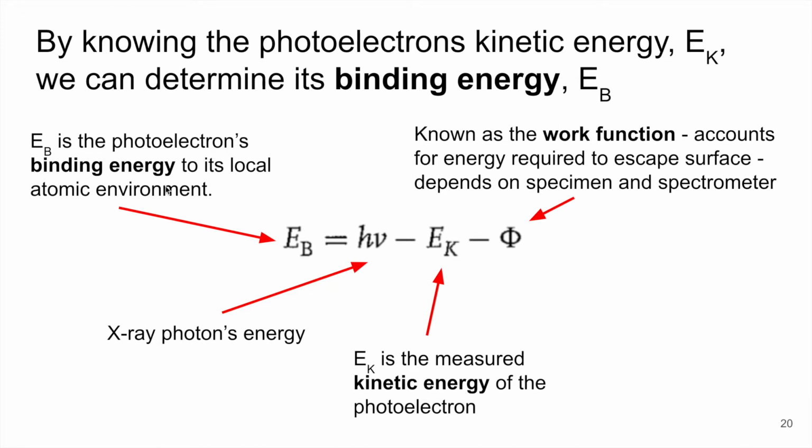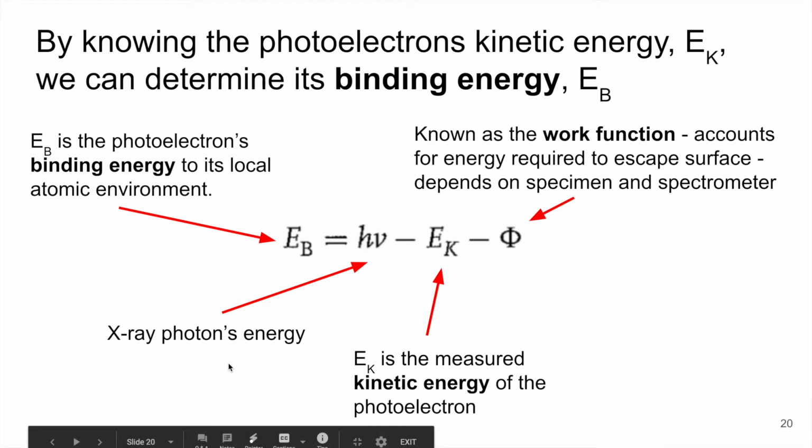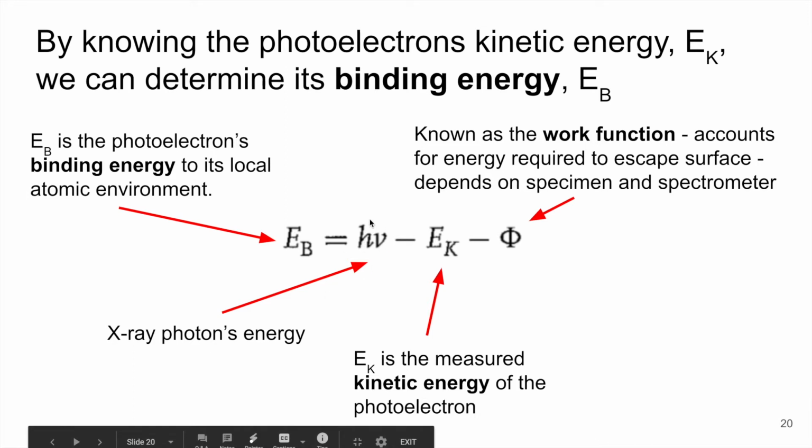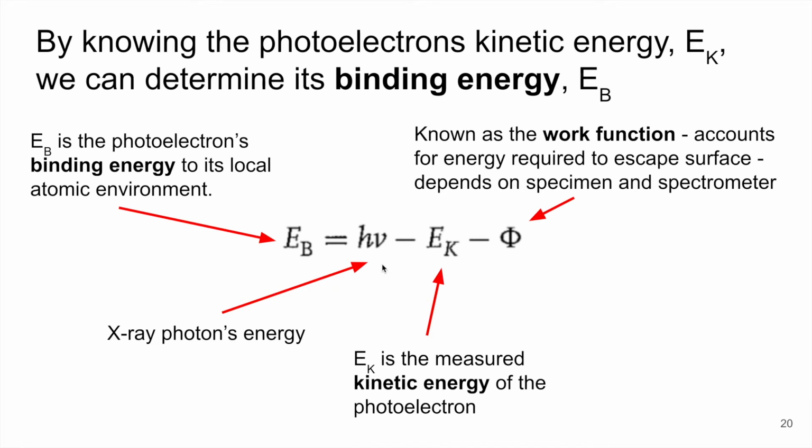That's what this binding energy is, and we call this E for energy, and then the subscript B for binding. We can calculate this if we know the X-ray photon's energy. This is where we need to, again, have the monochromatic wavelengths. So we know the wavelength and therefore the energy. So we know the X-ray's energy.